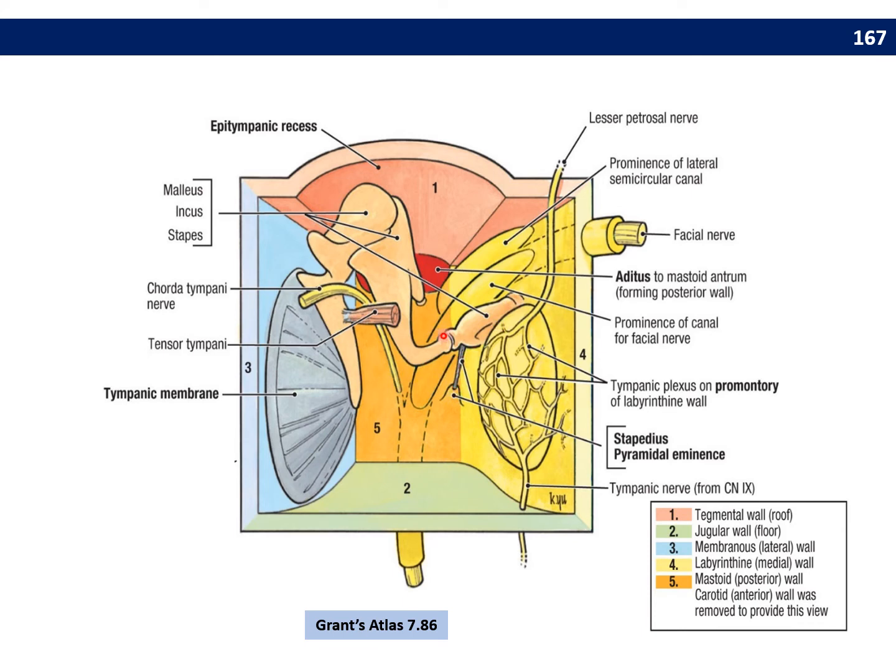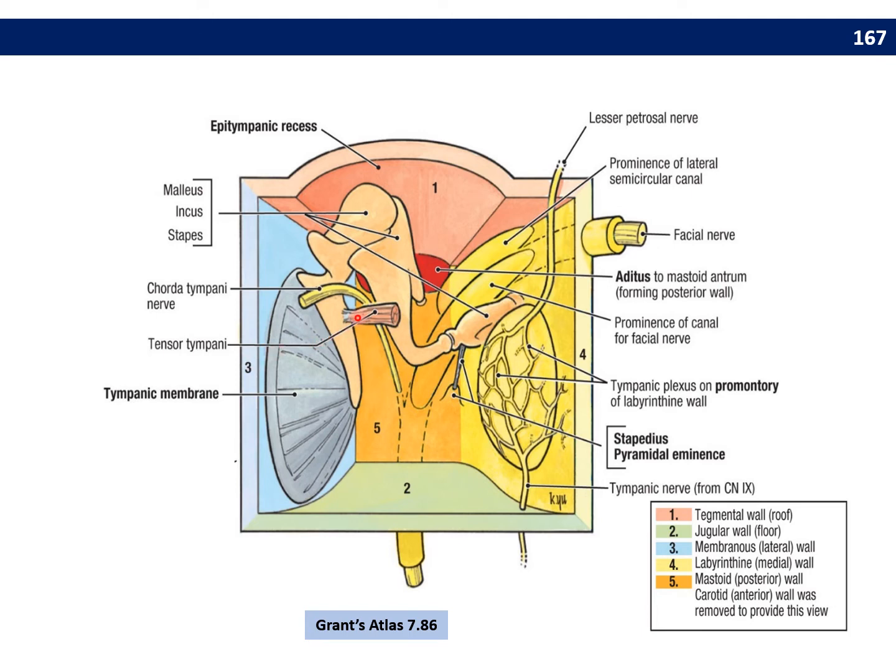And so there's a little tiny nerve to the stapedius that comes off the facial nerve that innervates this muscle. Also, the facial nerve gives off this chorda tympani. The chorda tympani goes through this middle ear. You saw it in the infratemporal fossa joining the lingual nerve. And that's that very same chorda tympani that you saw during that dissection of the infratemporal fossa.